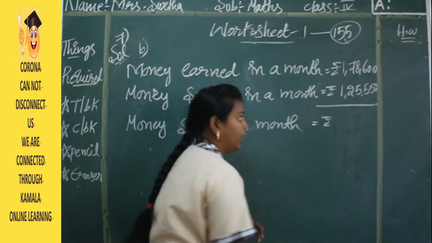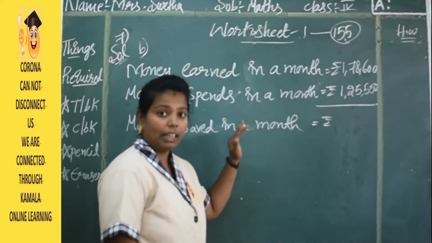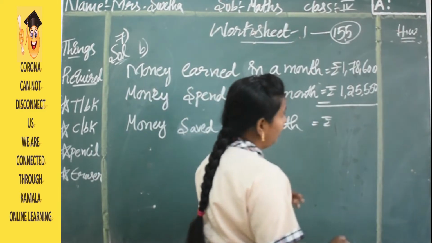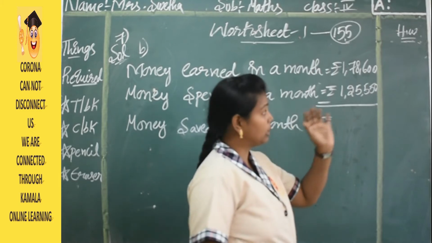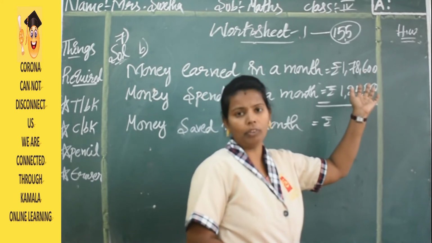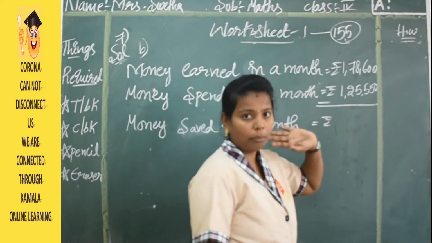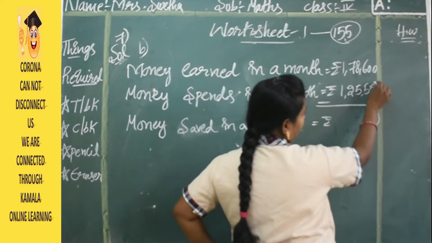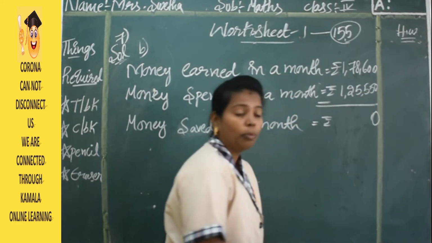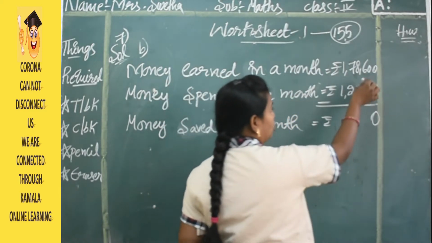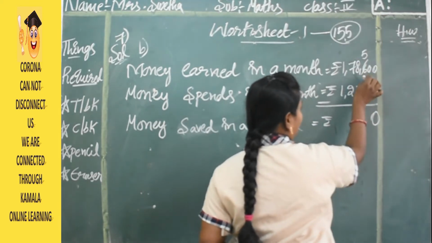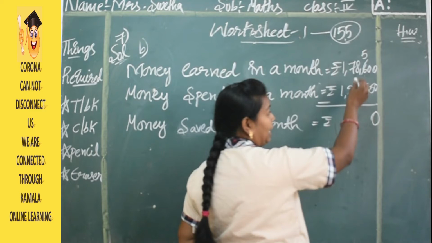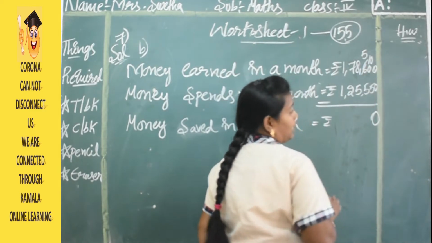Yes, so here the leftover money, how much money is left with him, we have to find, so we have to do the subtraction. If it is possible to subtract the numbers we will do minus, if not we will take borrow. See here, 0 minus 0 is 0. 0 minus 5, we cannot do subtraction, so we will take borrow from the number before. Here the number is 6. From 6 if we take 1 borrow, here we will have 5 and here it is 10.